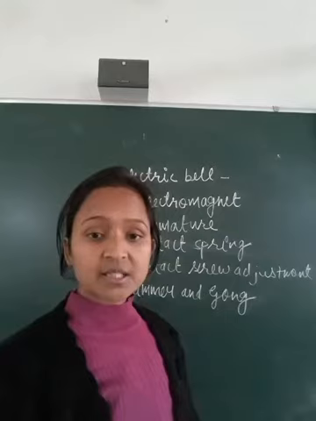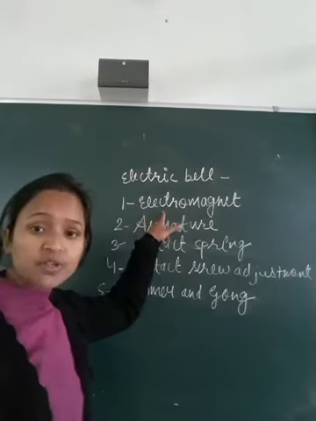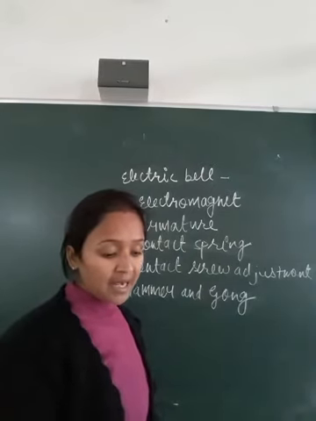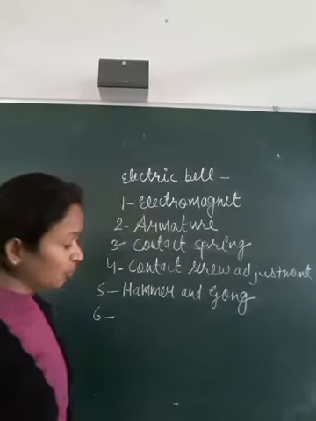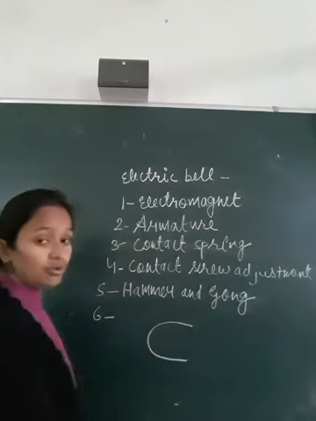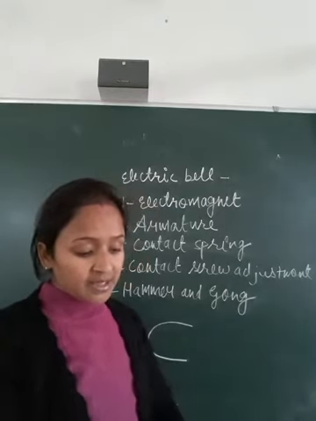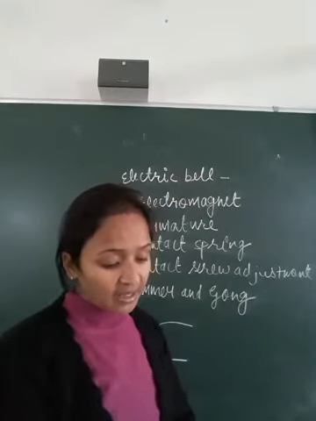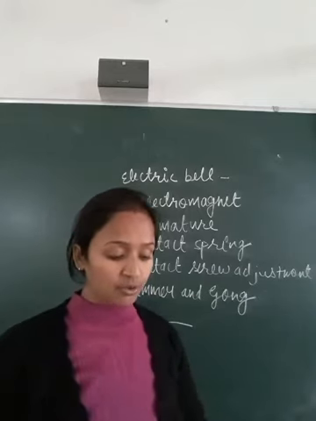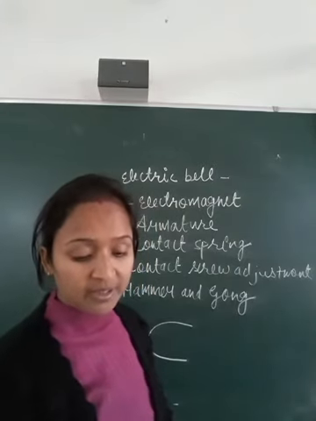So first we will discuss the electromagnet. Electromagnet is soft iron, and it is bent in the form of a U like this. On each of its arms is mounted a wooden reel, and around each reel is wound insulated copper wire of a large number of turns.